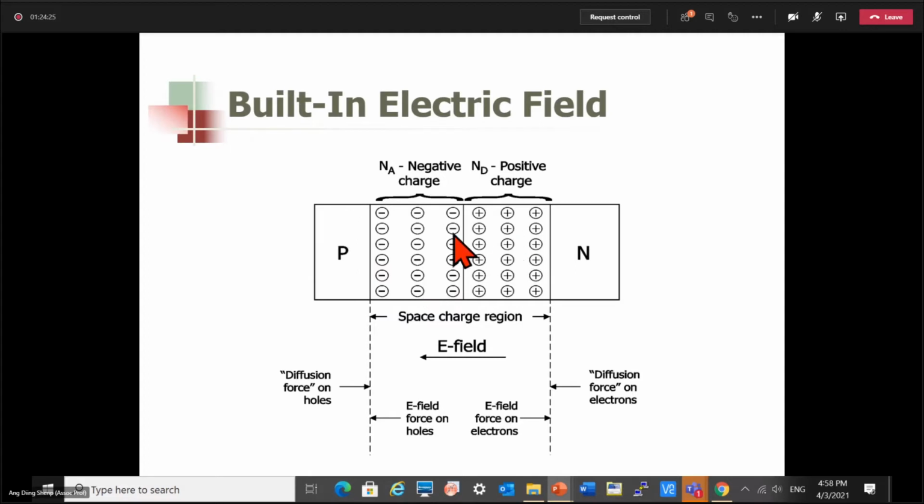So there is a built-in voltage across the PN junction. The purpose of the built-in voltage is the same as the built-in electric field. It serves to oppose the diffusing majority carriers and cancel the diffusion process at thermal equilibrium.